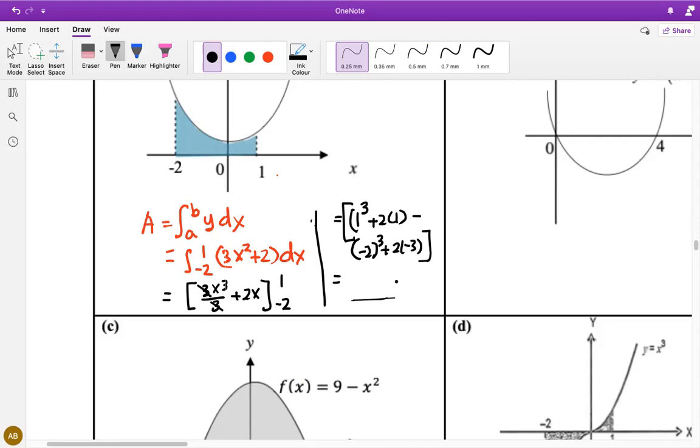So 3x squared plus 2. What is your answer? You should get 45 here. So 1 cubed plus 2 times 1 is 3, and then -2 cubed is -8. Let me check.